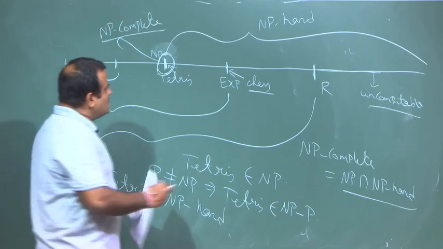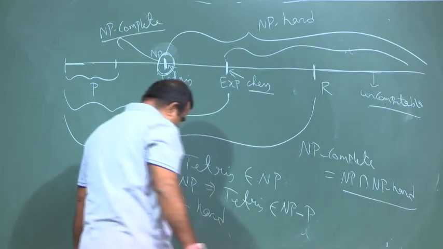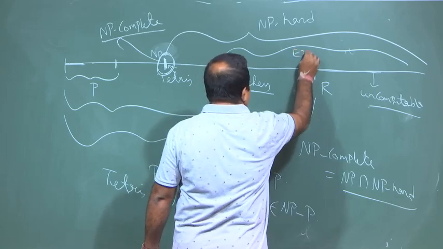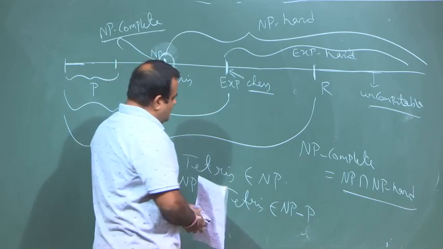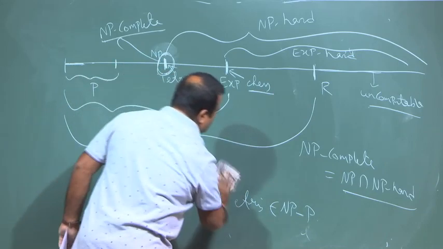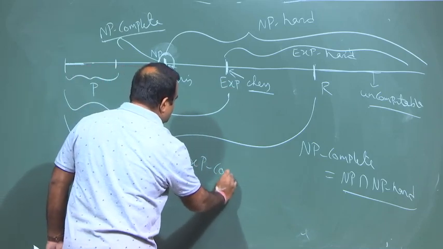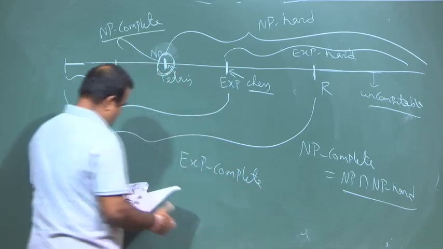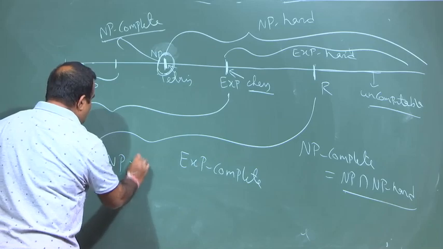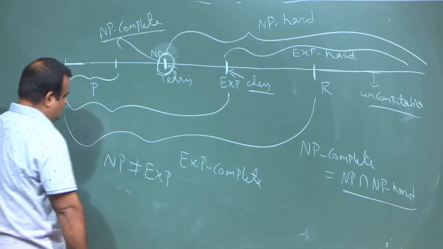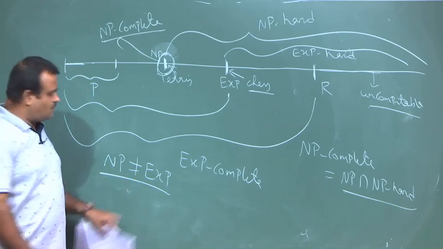Okay. Now, similarly from here to here, these are exponentially hard, EXP hard, and we define EXP complete. Again, this is a conjecture, NP is not equal to EXP. This is another conjecture, this is also an open problem.